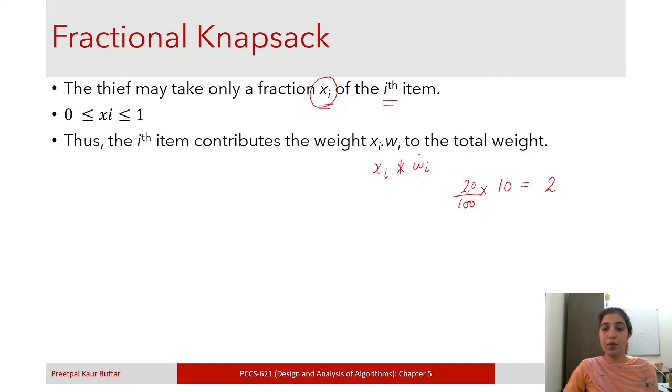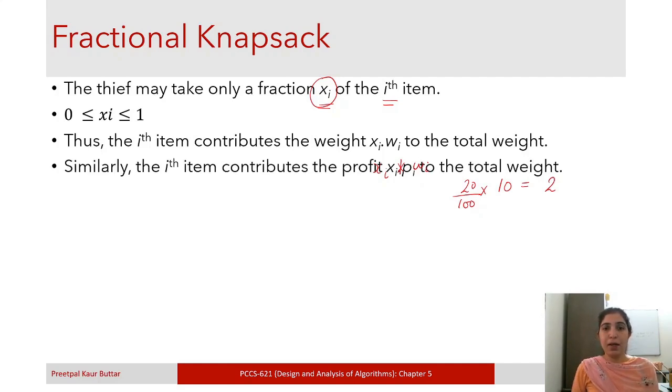Similarly, an item also has a profit. If you are picking an item I, then the profit it contributes to the total profit is xi into pi.